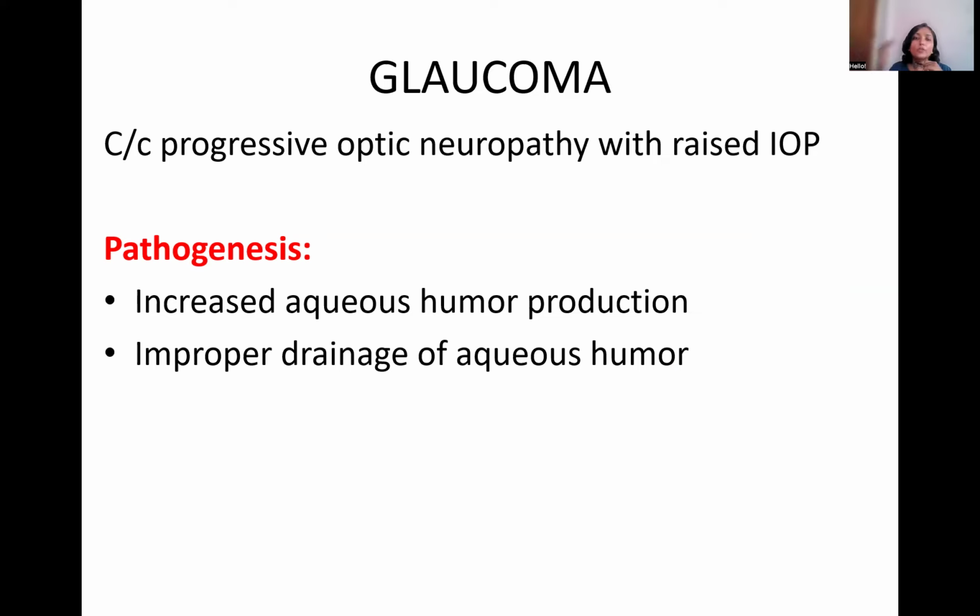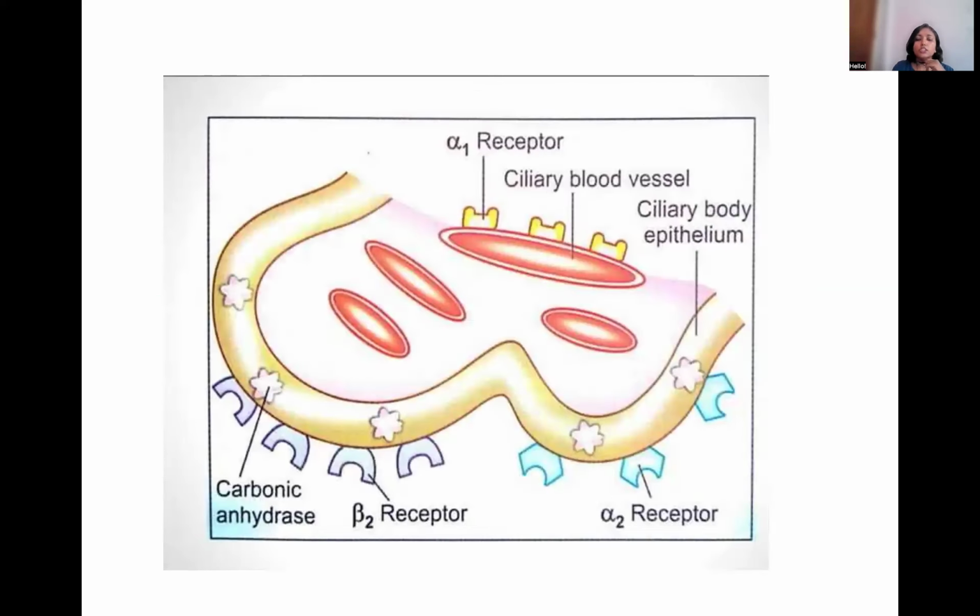thereby decreasing the production of aqueous humor. Now, what about beta receptors? Beta receptors are also there. Beta receptors normally produce vasodilatation. That means you don't want vasodilatation here. We want vasoconstrictor property here, so that the blood forming the aqueous secretion will decrease.